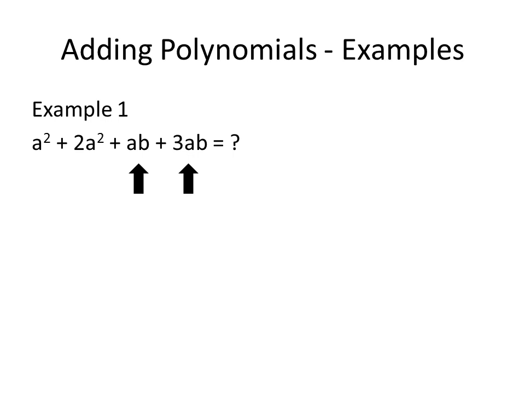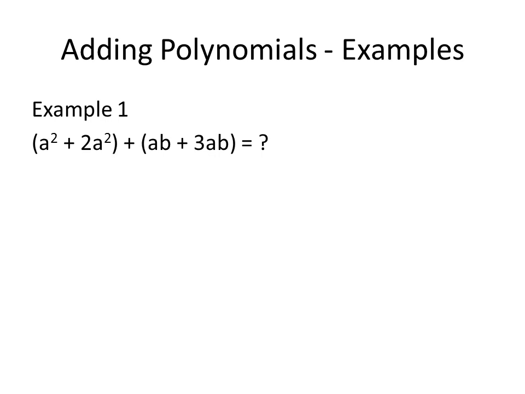So now we're ready to go ahead and add up our like terms. So looking at that again, here we have our like terms grouped together. And we can see that more clearly by adding parentheses, like we see here. Looking at the next part, we need to bring down the a to the second power and the 2a to the second power.